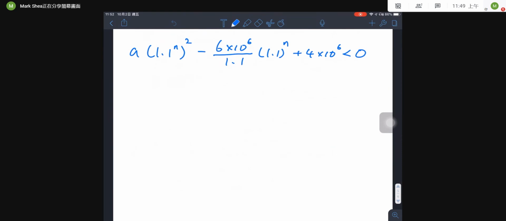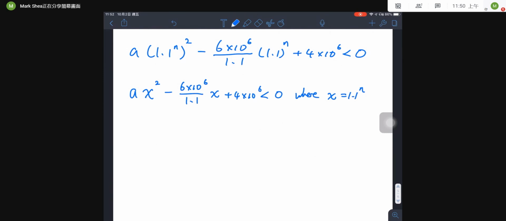Now to solve such an inequality, let me replace 1.1 to the power n by x. So I have this. The x is 1.1 to the power n. Now how can we solve this kind of inequality?